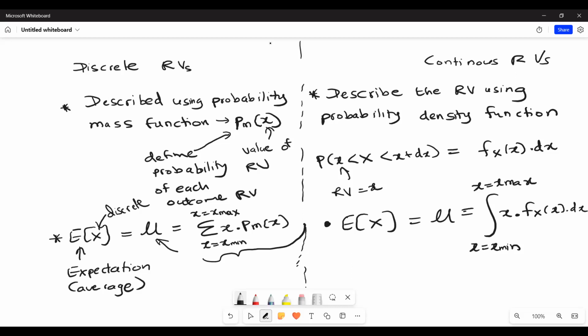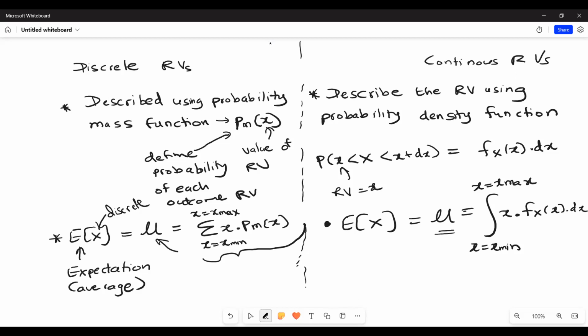By taking the product between the random variable and its probability value and integrating it from x min up to x max, we can find the mean value of that distribution function, right? That is basically regarding the mean value.